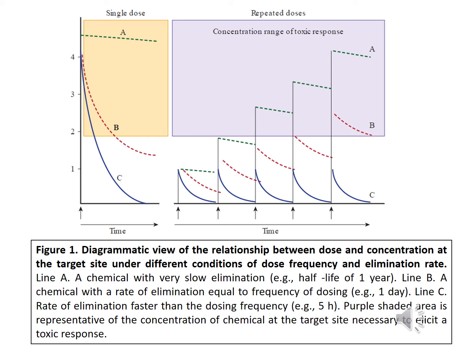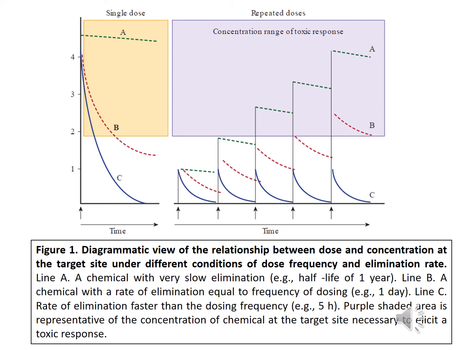In this diagram, the x-axis represents time, while the y-axis represents concentration. A, B, and C represent chemicals that differ in their half-lives. A represents a chemical with very slow elimination, for example, a half-life of 1 year.